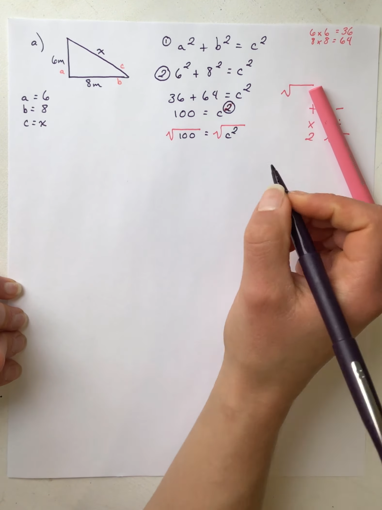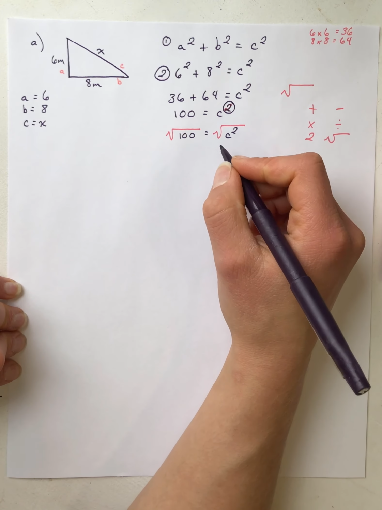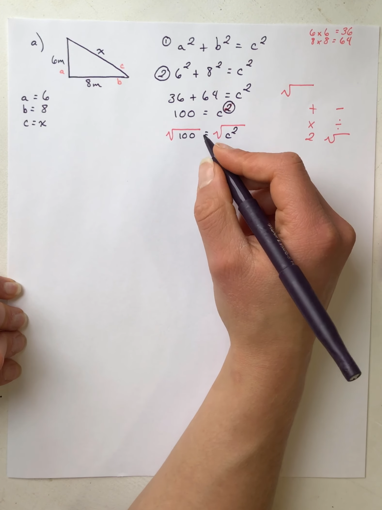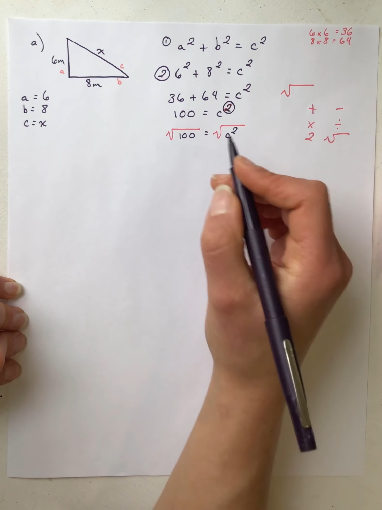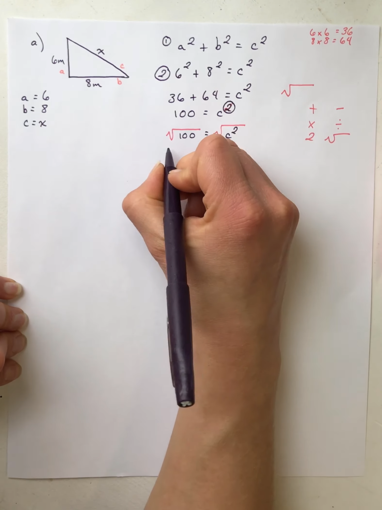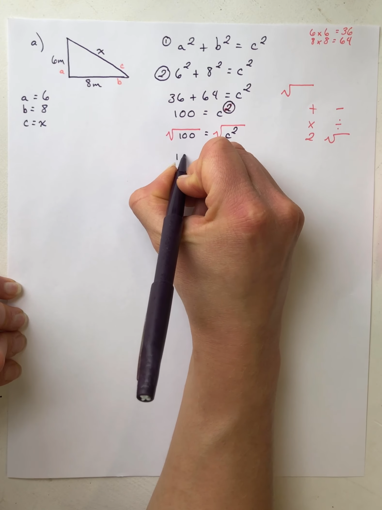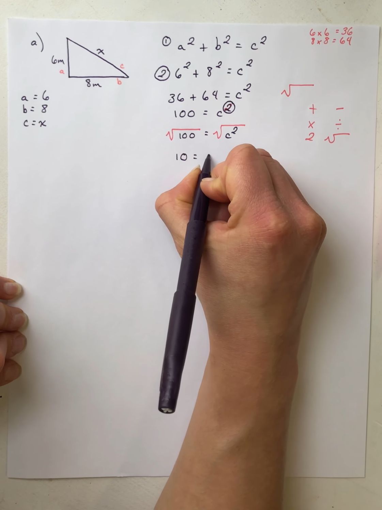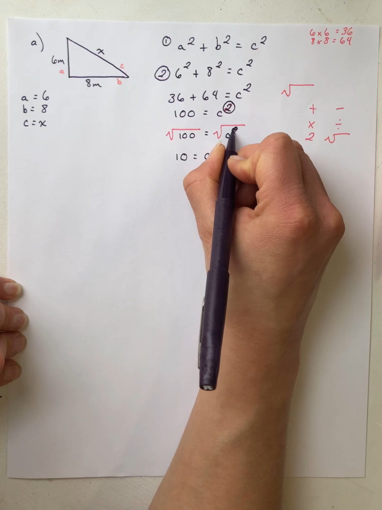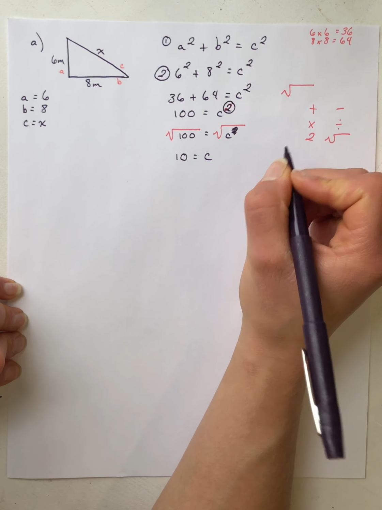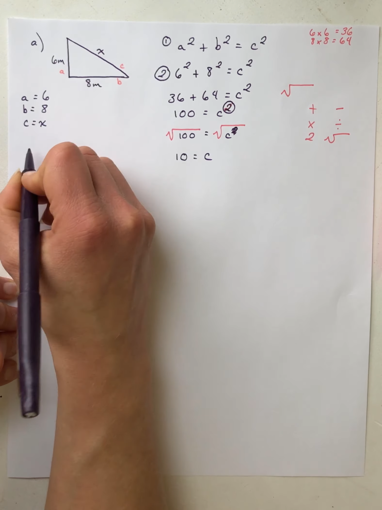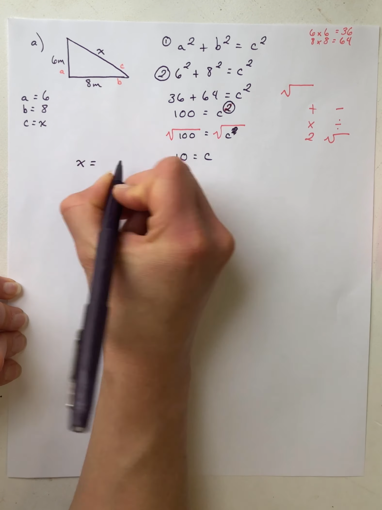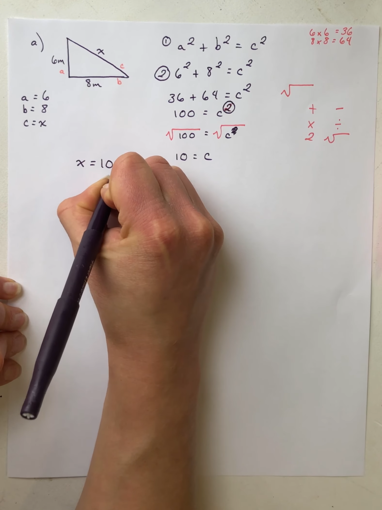Okay, so all you have to do is click in your calculator 100 square root. We are going to get 10. And that gets rid of our 2 here. Okay, so c is equal to 10. So our x equals 10 meters.